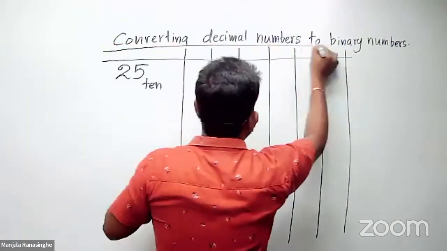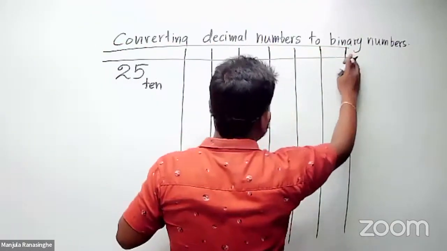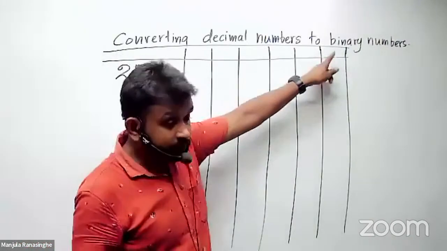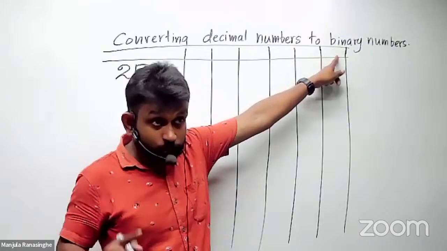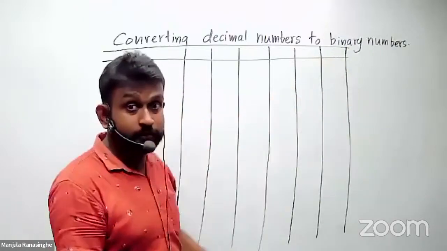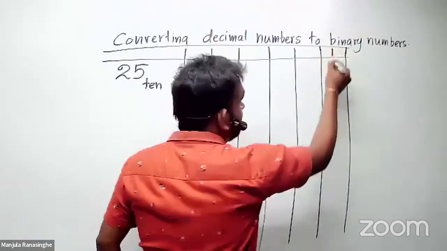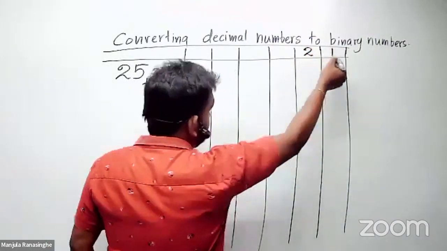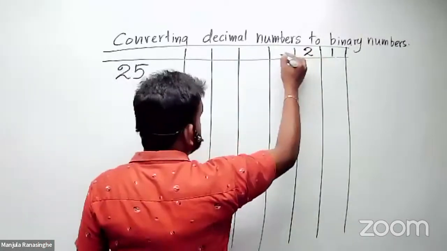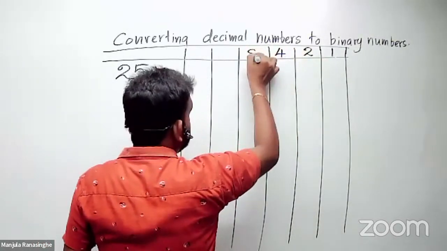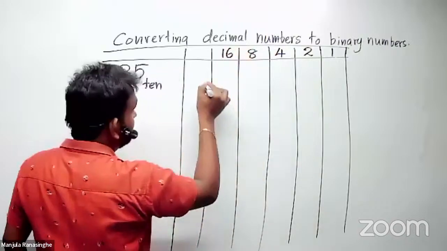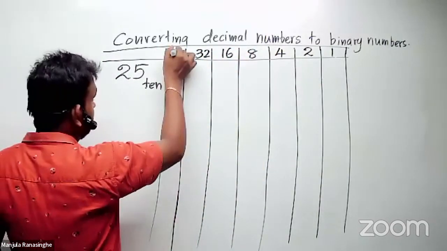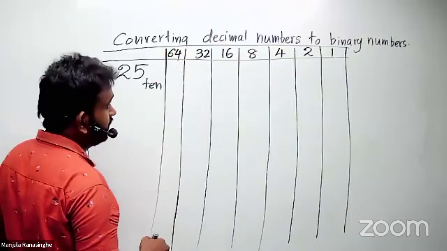So you know the place values of the numbers. The binary place values start with 2 to the power 0, that means 1. Then next one, 2 to the power 1, 2. Then I write the values: 1, 2, then 4, then 8, then 16, then 32, then 64.